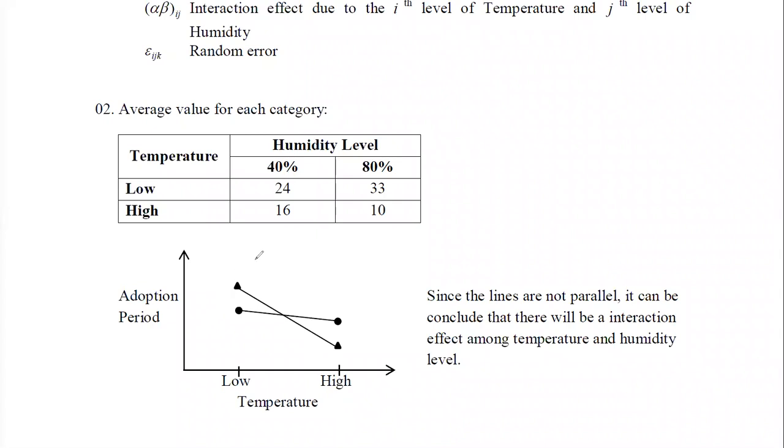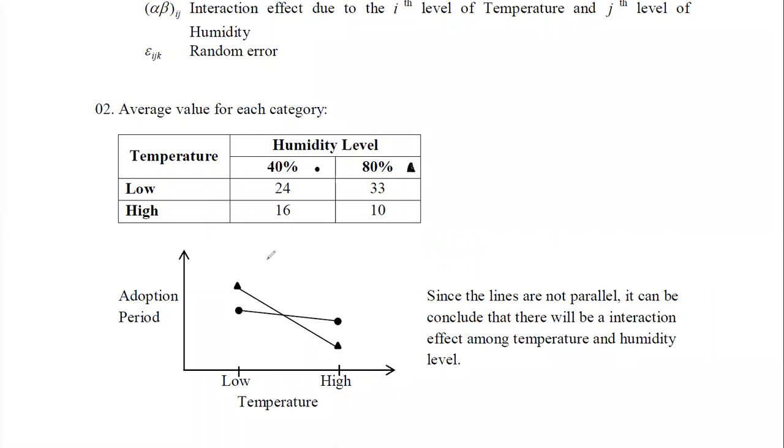For the 40% humidity level, I am using a dot, and for the 80% humidity level, I am using a triangle.